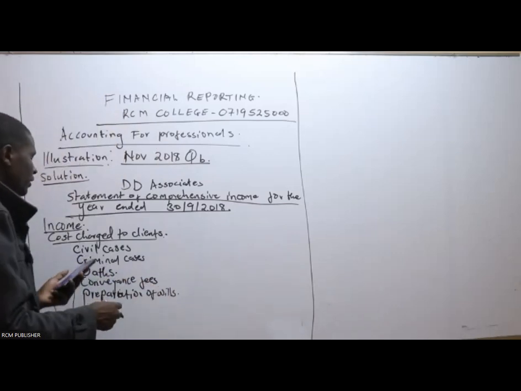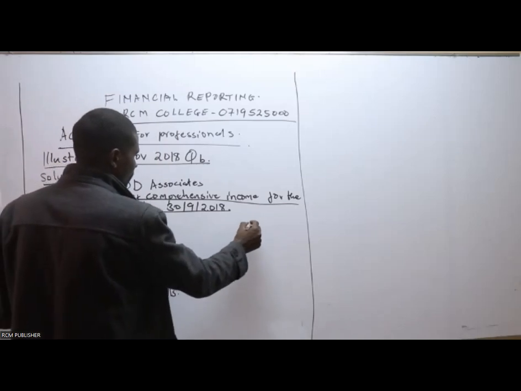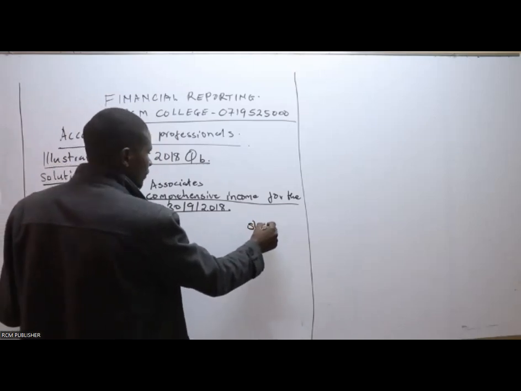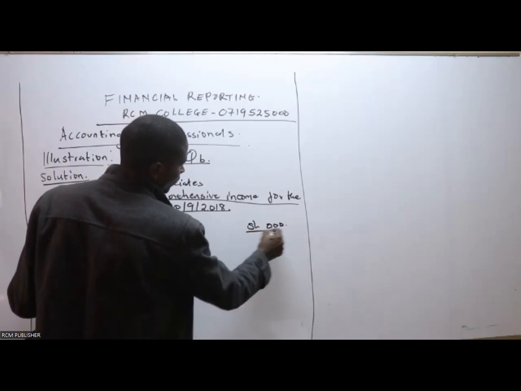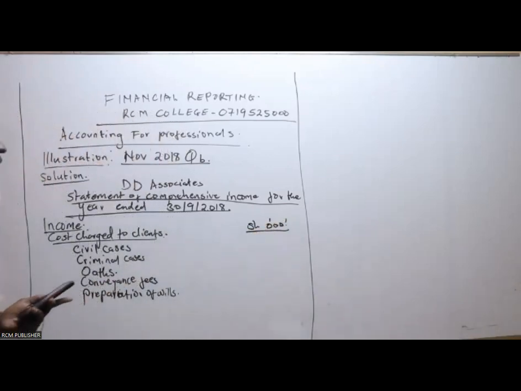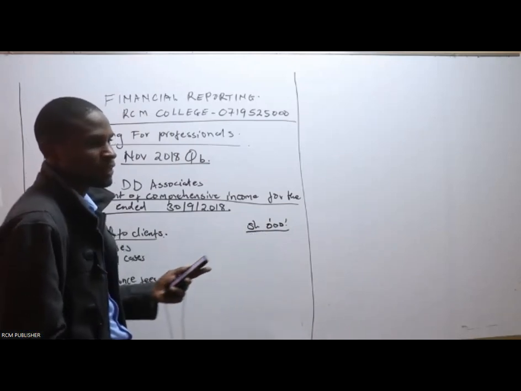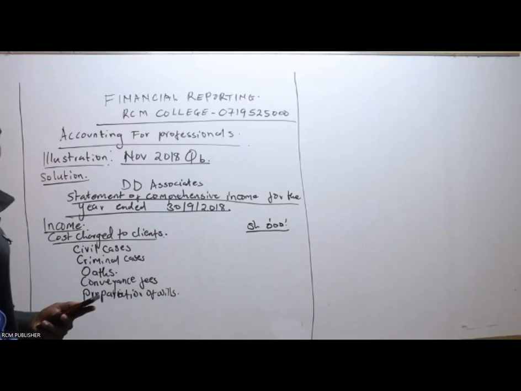Now, can you give me what is the cost of civil charges or civil cases? The figures are given in thousands. I want to know whether you did take the picture of the question. So what is the cost or the charge for the civil cases? Who can give us one?